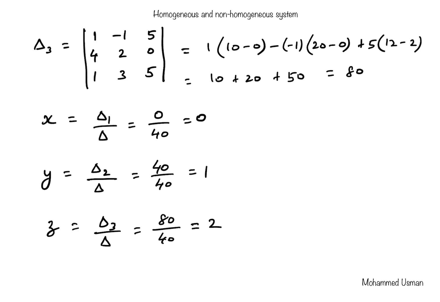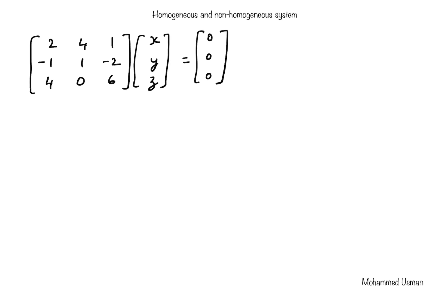Let us now focus on trying to solve the system of equations representing the homogeneous system using Cramer's rule, and see what pitfall we fall into. So we have the system of homogeneous equations, which I had shown earlier, where the vector b contains all zeros.